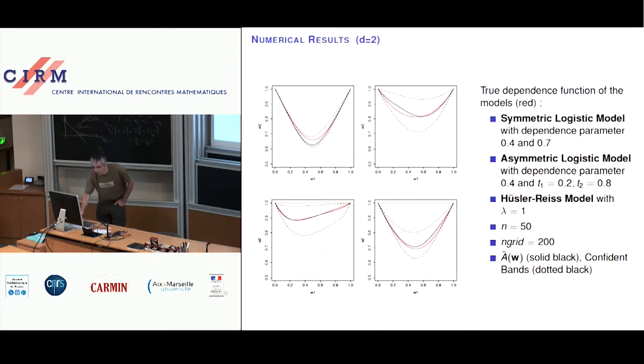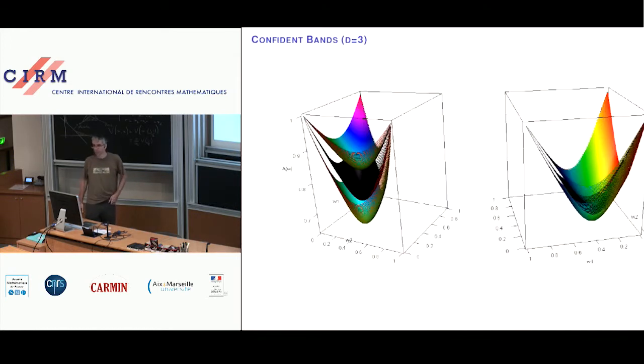So here, for example, it's in d equals 2. You have the truth in red. And you can see that, of course, we are in the triangle. Of course, we go to the endpoint. Of course, it's convex because that's a constraint we had. But the dotted lines are the confidence band. And basically, you can see that the truth is within the confidence band. You can do that also in d equals 3. This just gives you nice pictures.